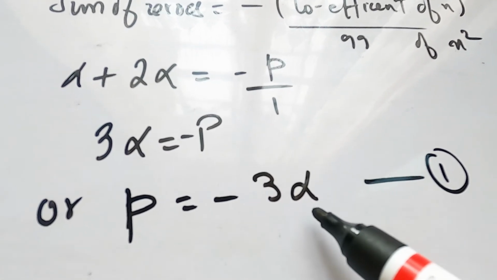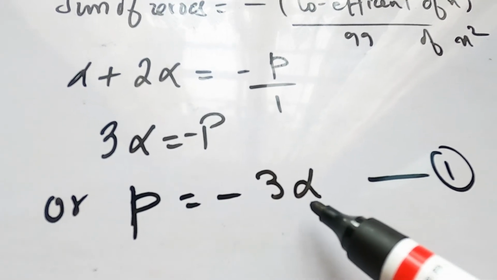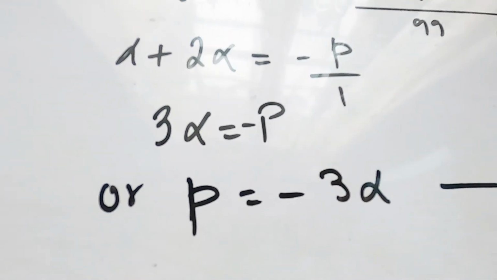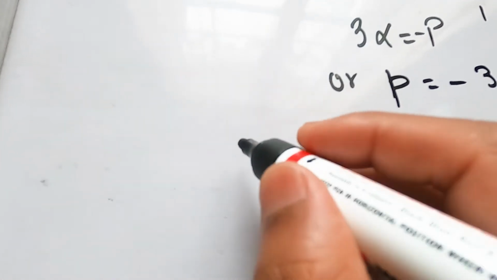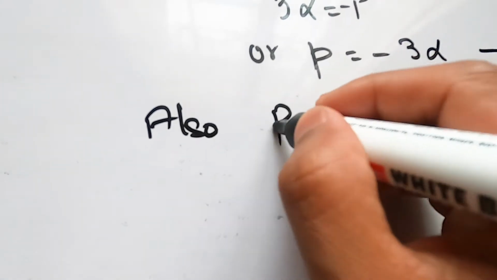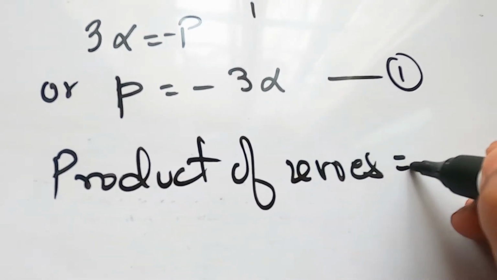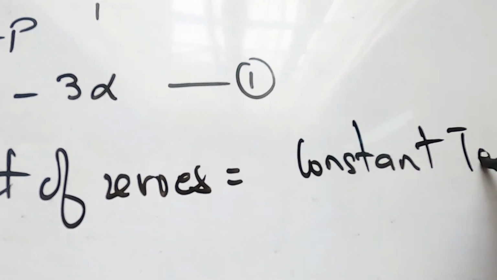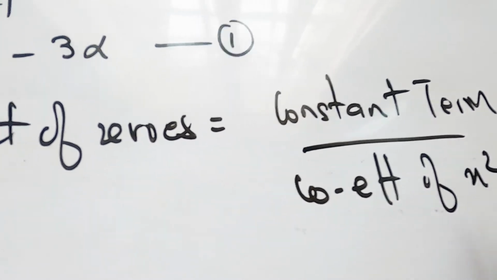So in this case we have to find the value of alpha. After getting the value of alpha we will get the value of p. So let us find the value of alpha by using product of zeros. Product of zeros will be constant term by coefficient of x square.